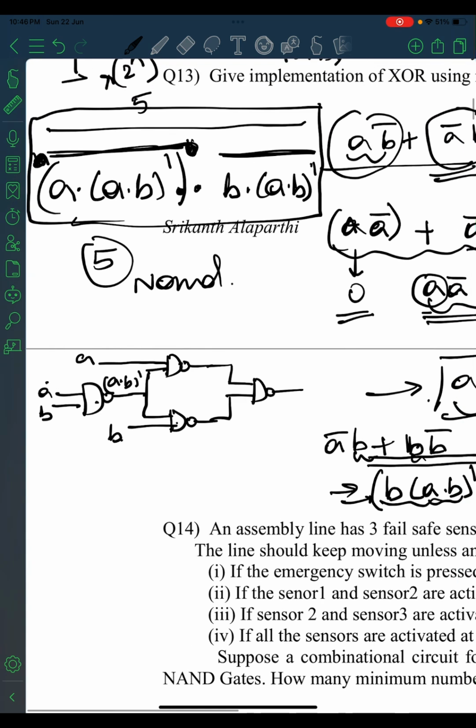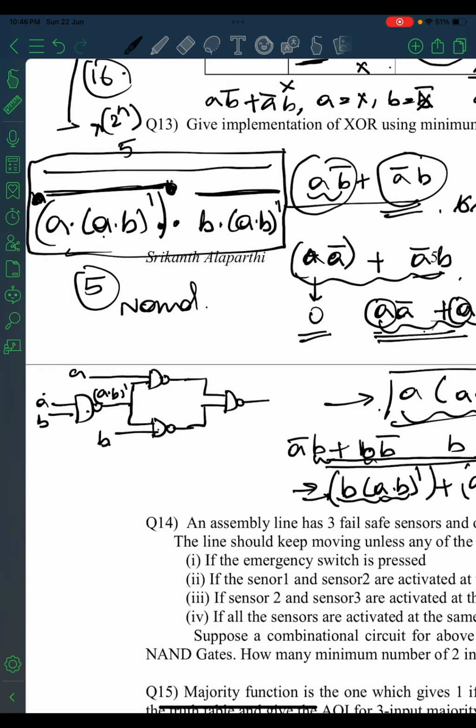Sorry, by using only 4 we got it. Here A dot B bar is repeated twice, so the same NAND gate is used. So instead of using two NAND gates, by using only a single NAND gate we got the output. This is by 4 NAND gates.